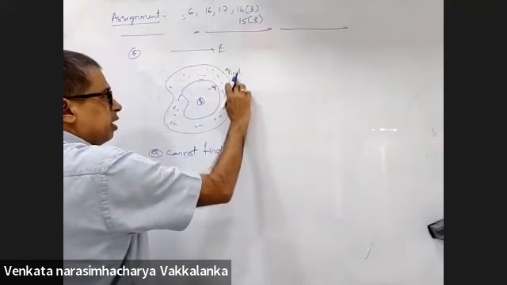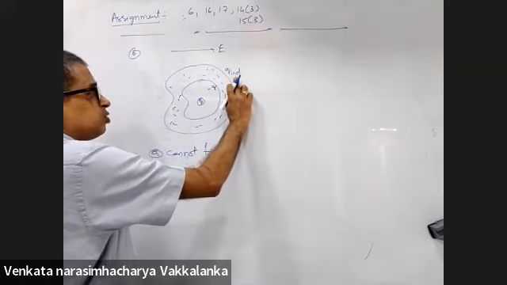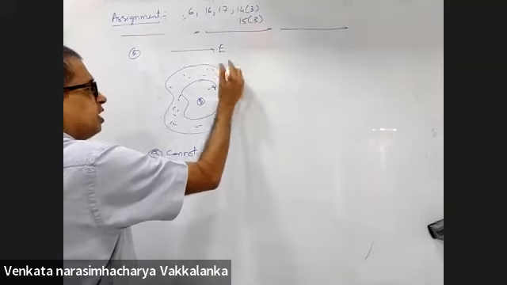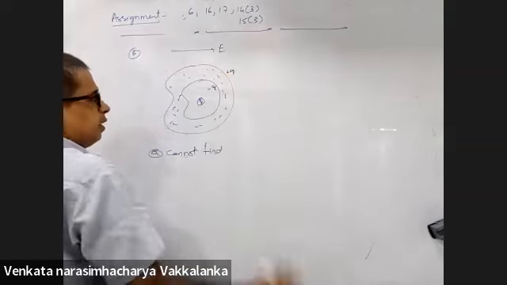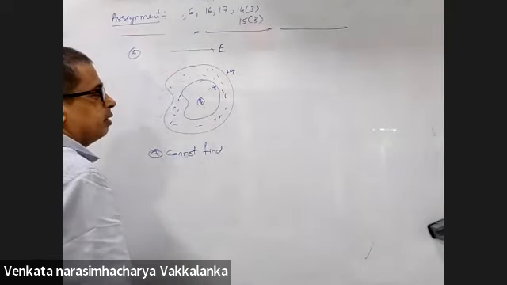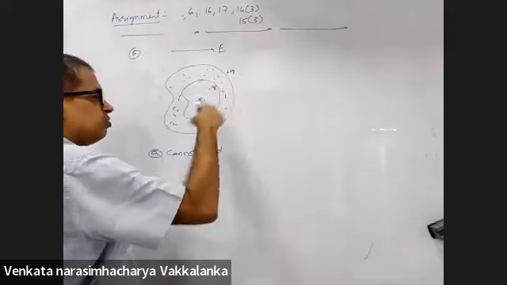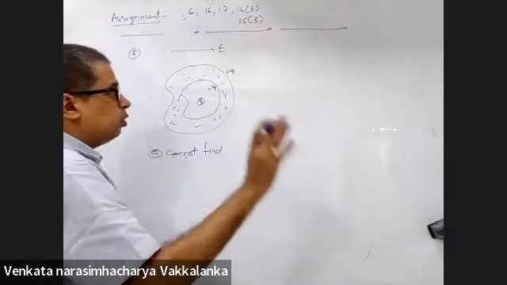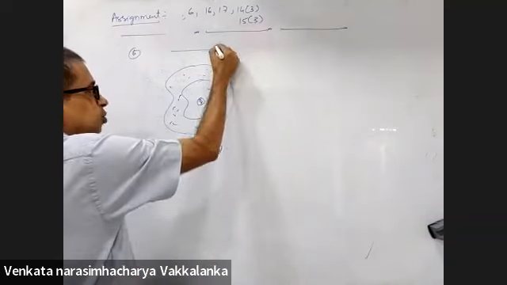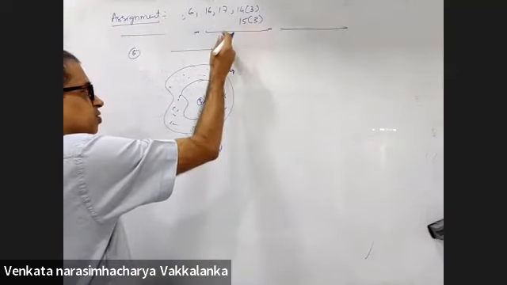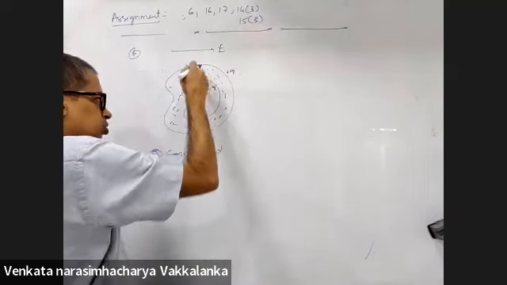Minus Q came in inside. Outside, why don't you write plus Q? Net charge will be plus Q only. Now, is plus Q uniformly distributed? No, because plus Q should be cancelling out this field also inside.